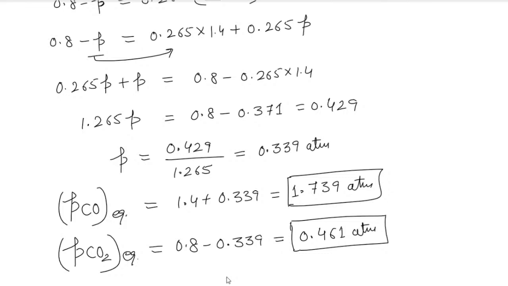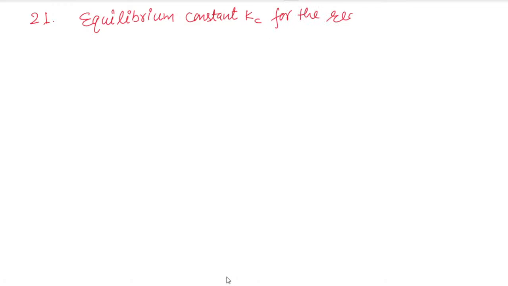Okay, so now question number 21. The equilibrium constant Kc for the reaction N2 gas plus 3H2 gas to give 2 NH3 gas, this is the reaction, okay?